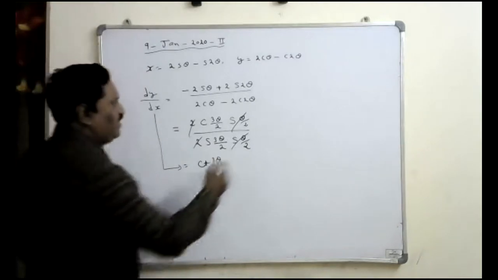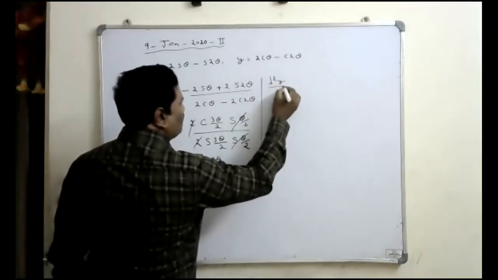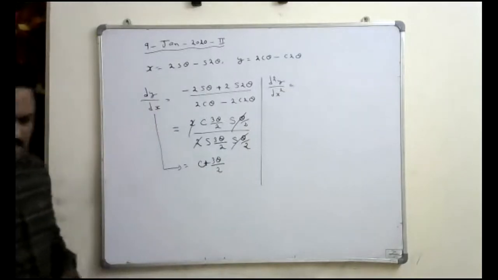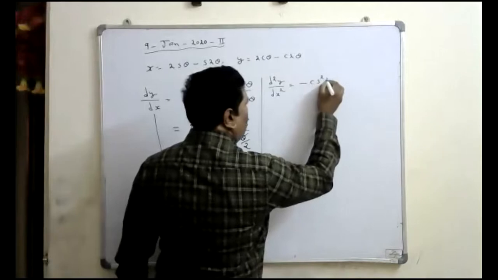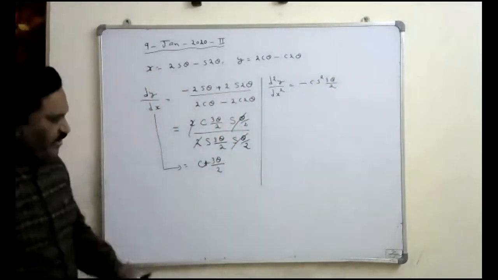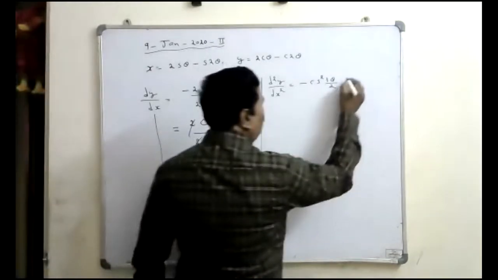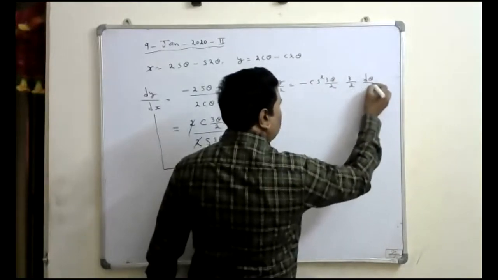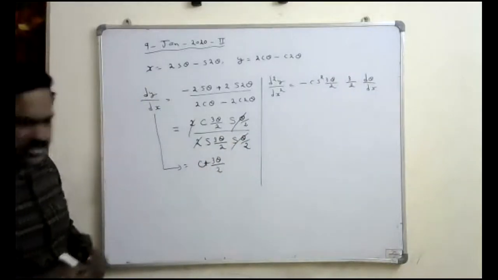Now we should go to the second derivative of that with respect to x, that is d square y by dx square is equal to derivative of the cot is minus cosecant square 3 theta by 2 into, again you have to do the derivative for that angle 3 theta by 2, that is 3 by 2 into d theta by dx. With respect to the x we are doing, so again you have to do the derivative for the theta, which is d theta by dx.